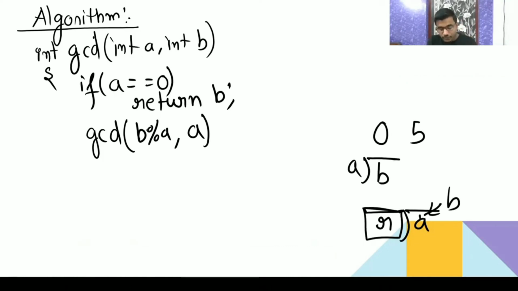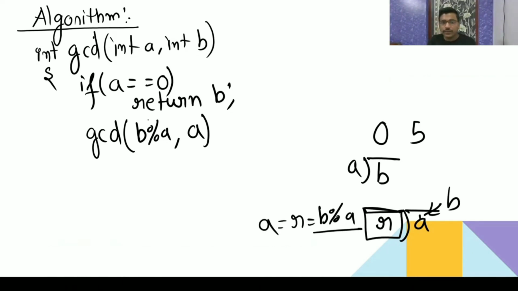When remainder is 0, the second number is your greatest common divisor. If A is equal to 0, return B, you got the greatest common divisor. If A is not equal to 0, the remainder is not 0, so that remainder is B mod A, because B is the greater one.